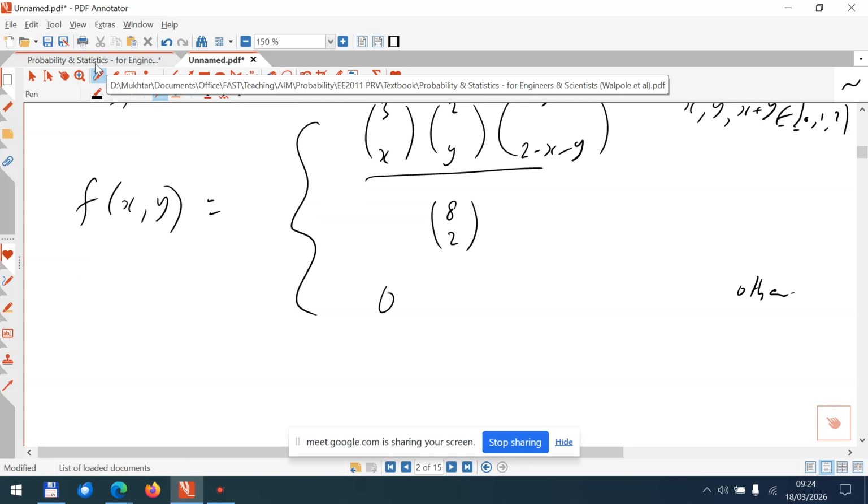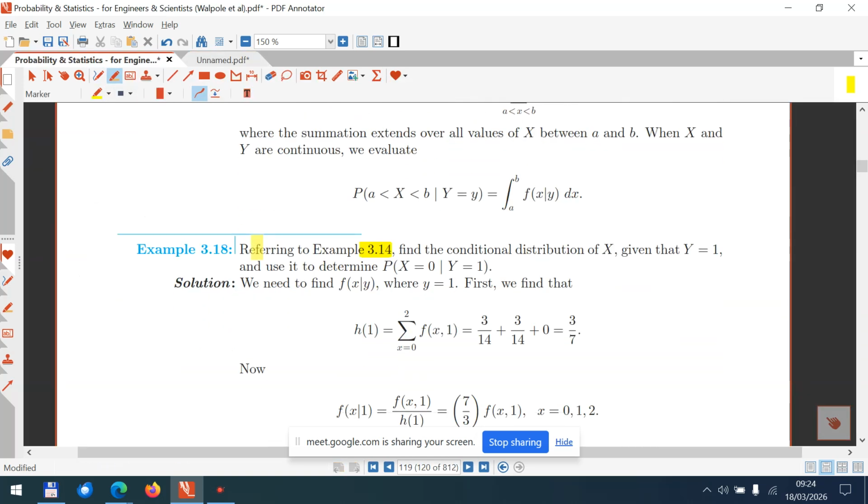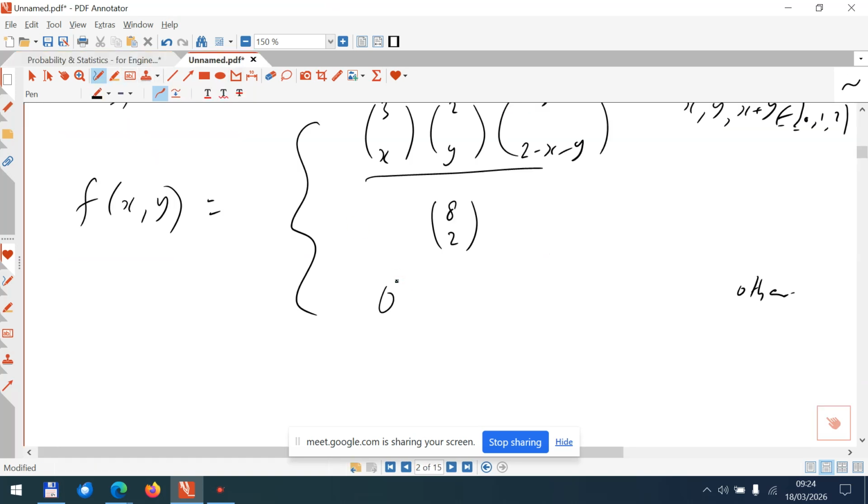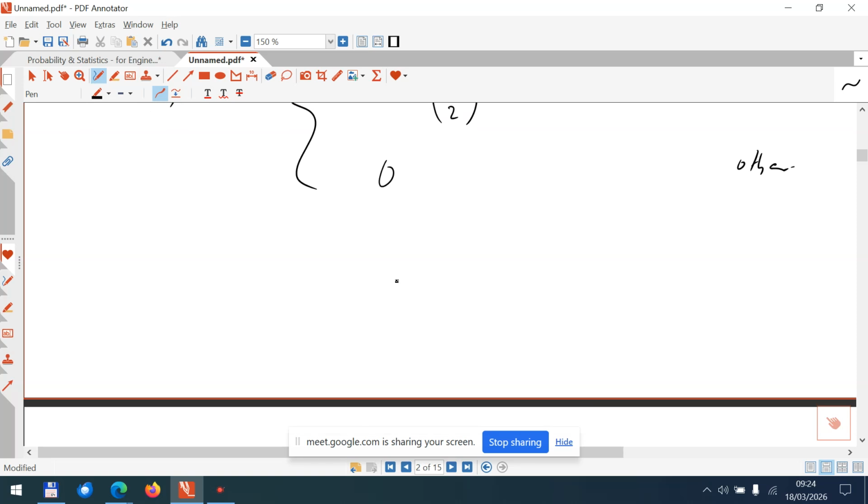You are given the PMF of two random variables, x and y, the joint one. Now you are required to find the conditional distribution of x given y equals 1. First we do that, and then we look for other things. So we are looking for the conditional distribution.